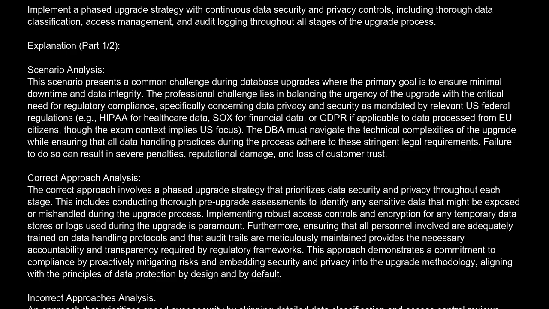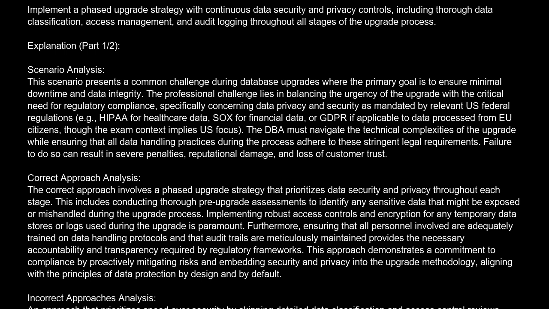Though the exam context implies U.S. focus, the DBA must navigate the technical complexities of the upgrade, while ensuring that all data handling practices during the process adhere to these stringent legal requirements. Failure to do so can result in severe penalties, reputational damage, and loss of customer trust.